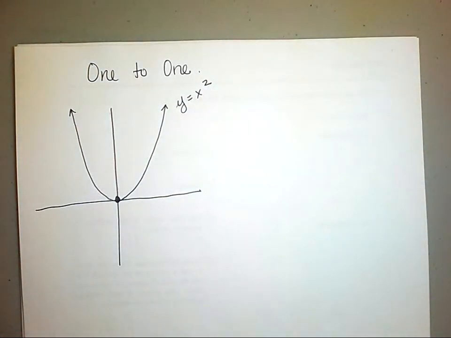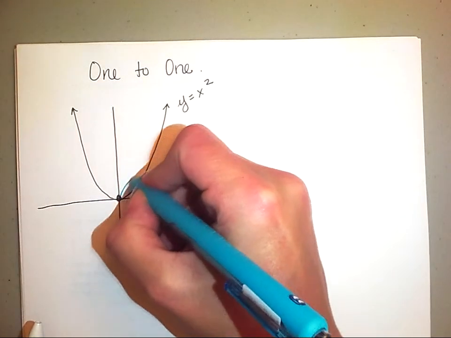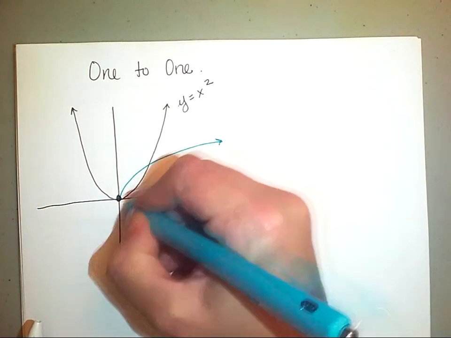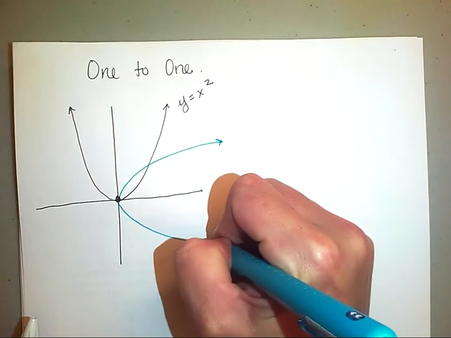And if we're going to flip-flop the points, this graph needs to be symmetric with the line y equals x. And what will happen is that the parabola will then lay on its side.